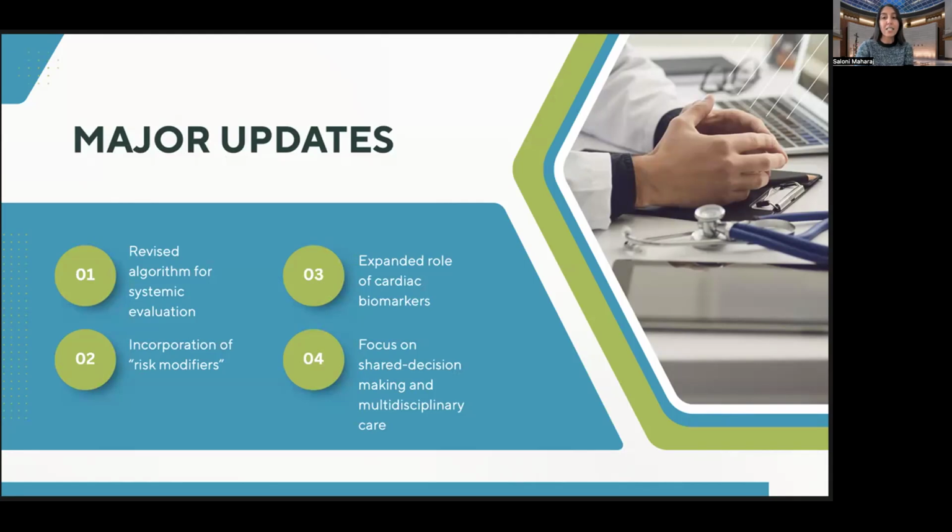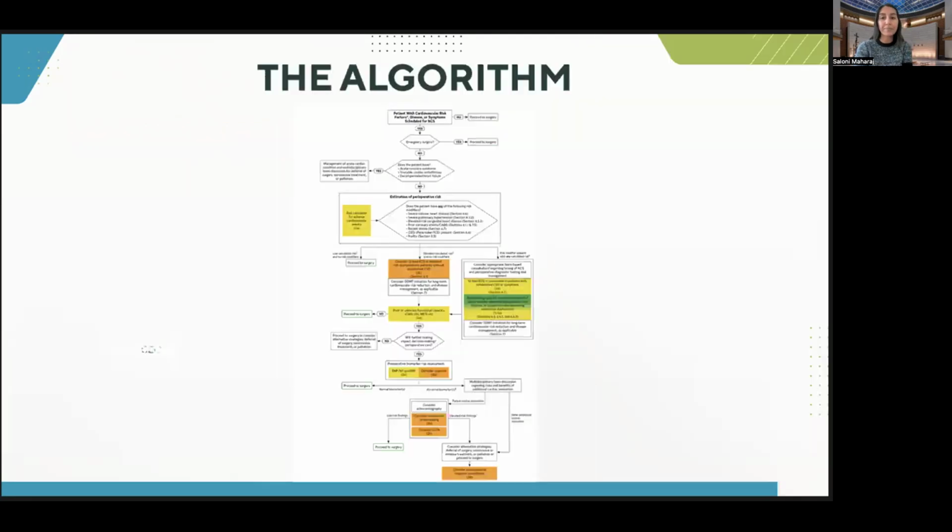Third, there is an expanded role for cardiac biomarkers, including when and how to use them preoperatively and postoperatively for surveillance and decision-making. And finally, there's a strong emphasis on shared decision-making and multidisciplinary care, particularly for our high-risk patients. This reflects the growing recognition that optimal perioperative management is truly a team effort. We'll touch on each of these throughout the talk as we walk through the updated framework.